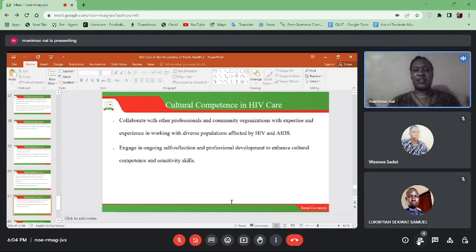Furthermore, in cultural competence in HIV, we should also collaborate with other professionals and community organizations who are experts and more experienced in working with diverse people affected by HIV and AIDS. We should also engage in ongoing self-reflection and professional development to enhance cultural competence and sensitivity skills.